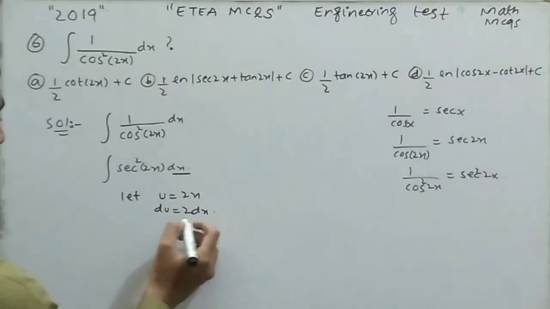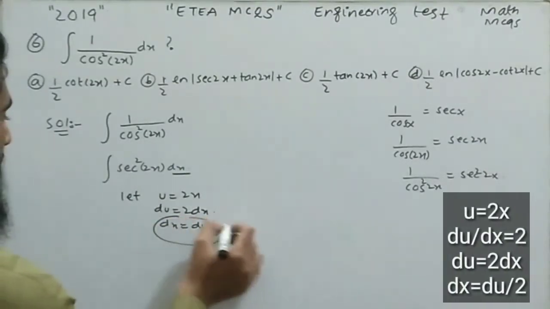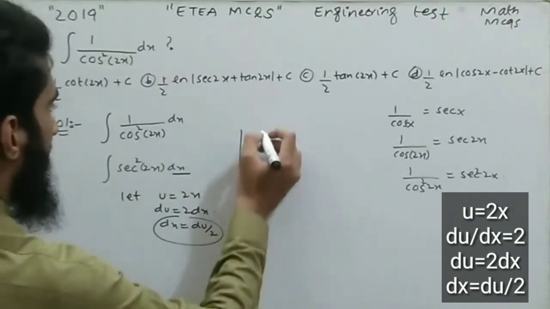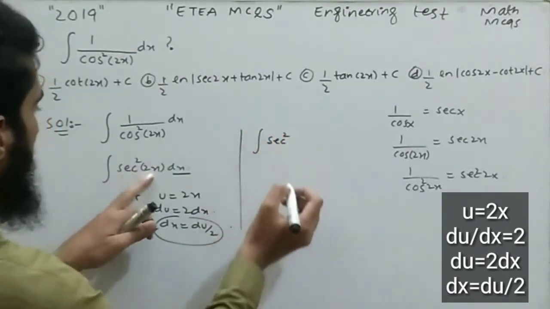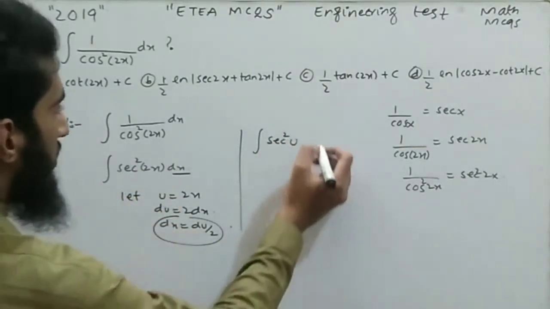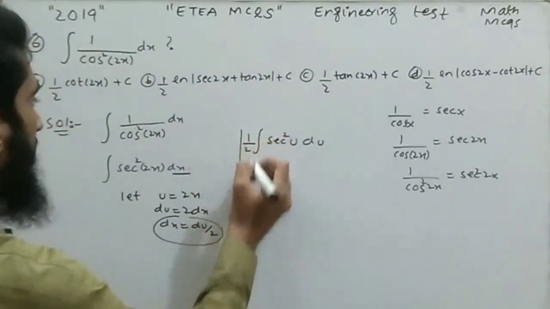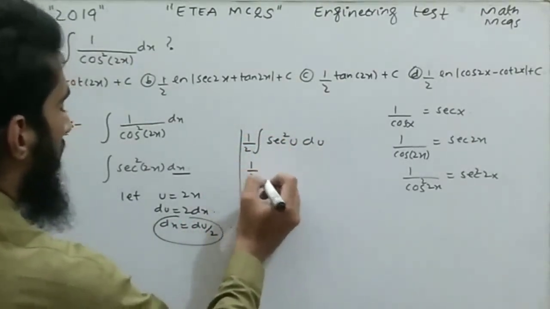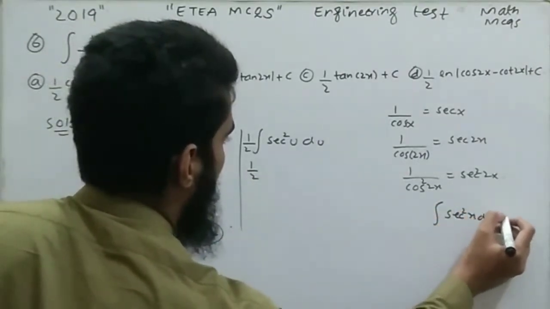Over here we need dx, so it becomes dx is equal to du by 2. Now the integral will be in the new differential form of secant square, 2x we suppose u, so it becomes secant square u into dx, which is du by 2. So 1 over 2 will be written outside of the integral. So 1 over 2, you know that integral of secant square x dx is always equal to tangent x.